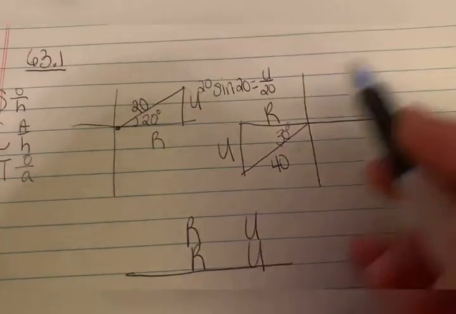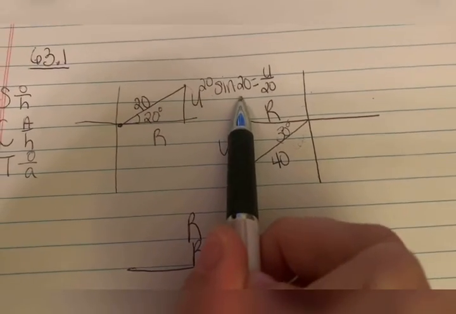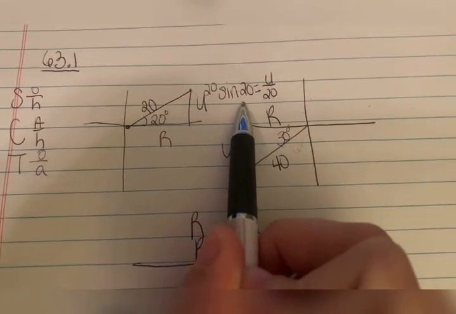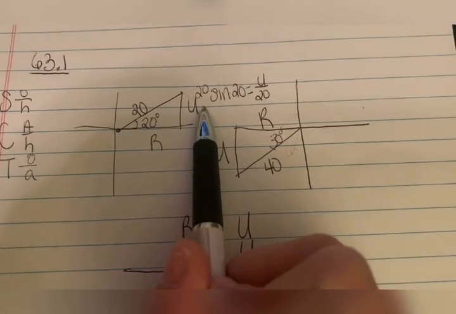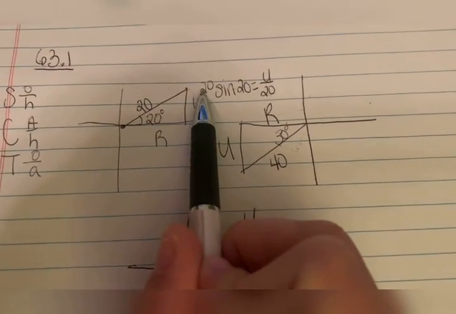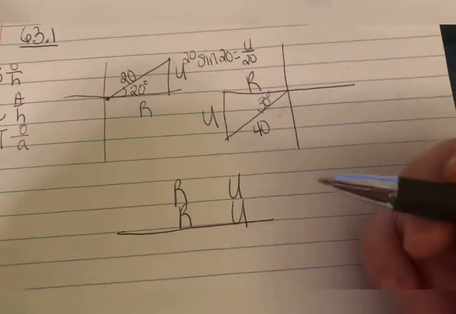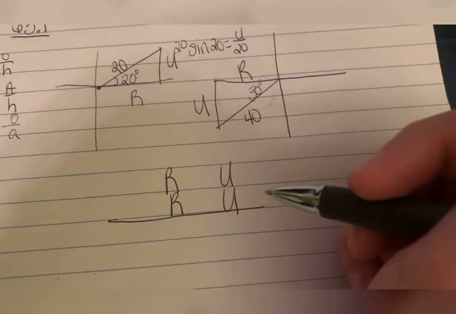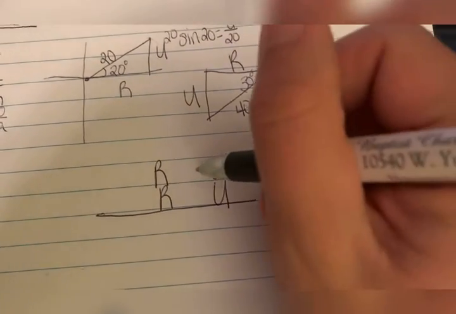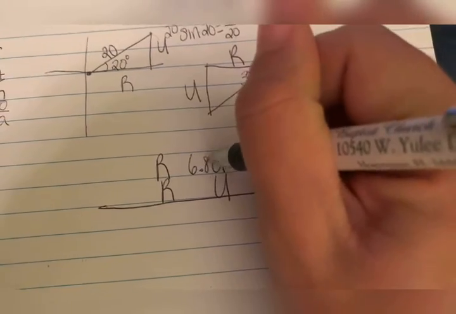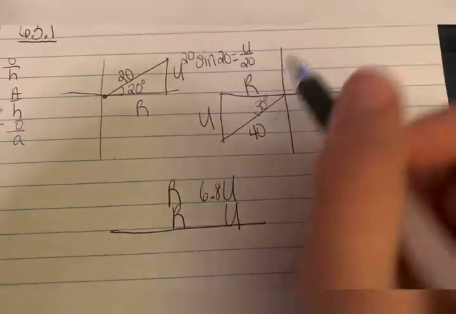When you find sine 20 in your calculator, you should get 0.34. You can check that in your book if you need to make sure it's in the right mode in your calculator. Multiply that by 20, and you're going to get 6.8. So the first U is going to be 6.8 because it's U. Duh, right? Sorry about that.